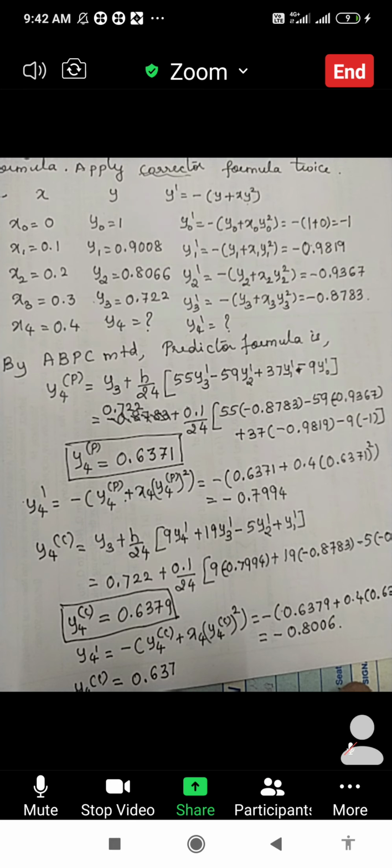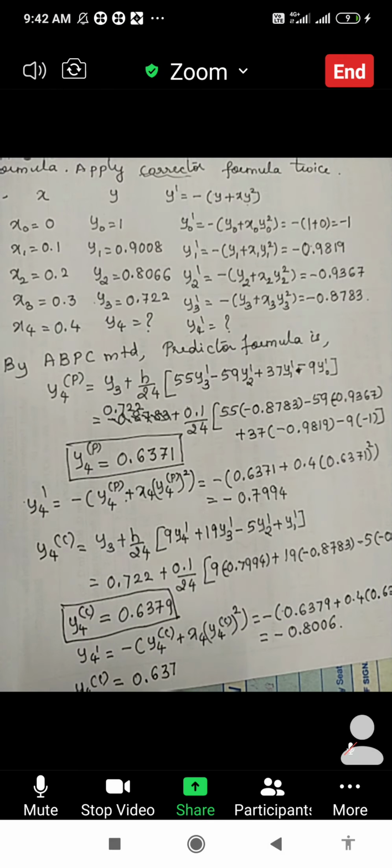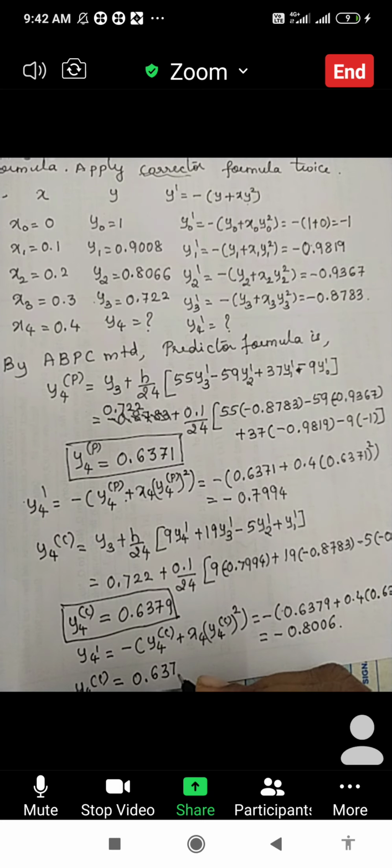Be a little bit faster so that I can cover one more problem. 637 or 63... Seven, eight.